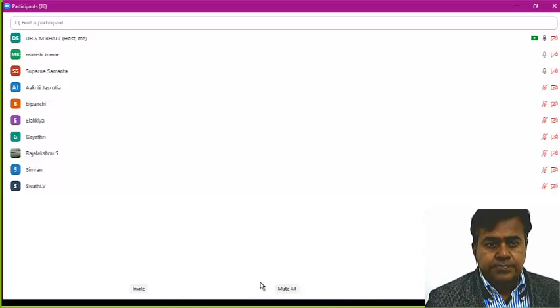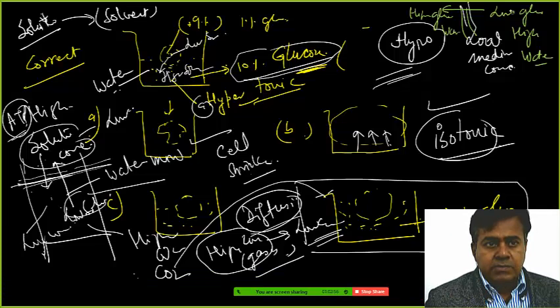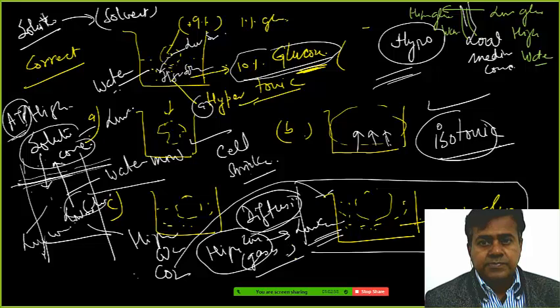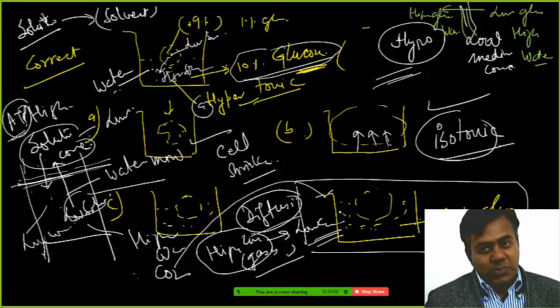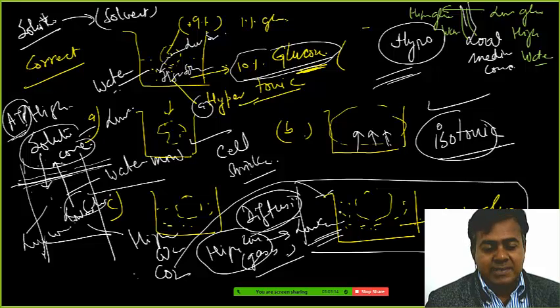So, anything anyone want to ask? Because I know many people got confused. Water is moving from low to high, gases is moving from high to low. Who is getting confused? But this is very simple and this is a fact.